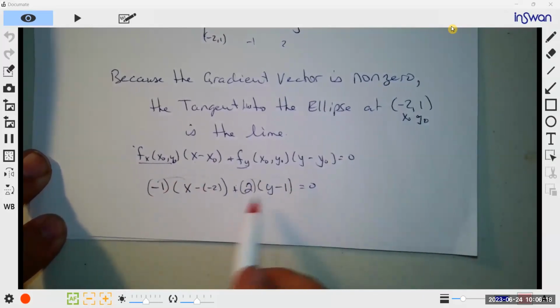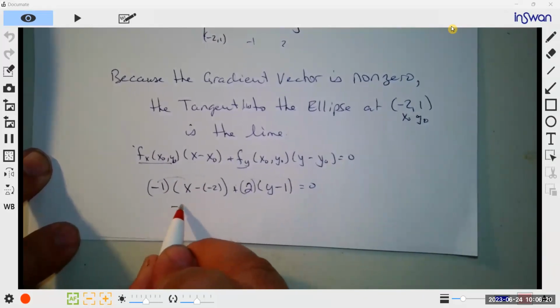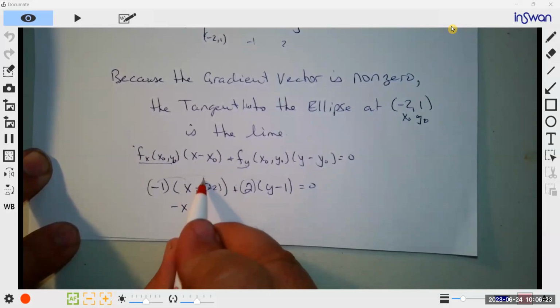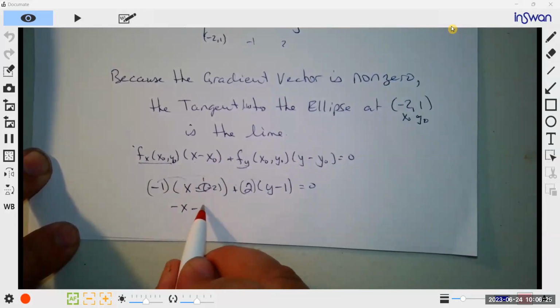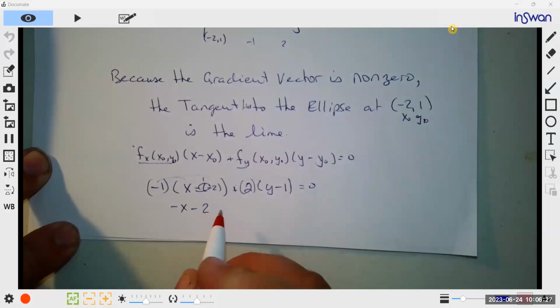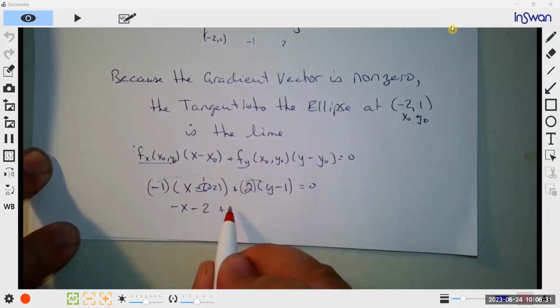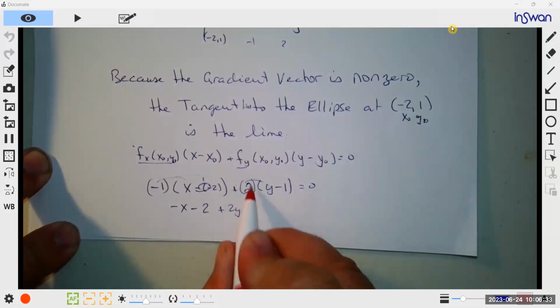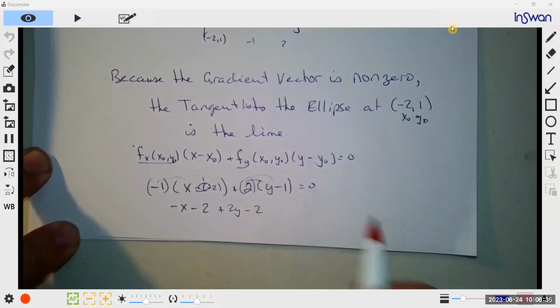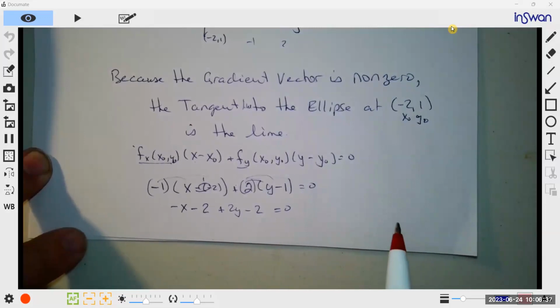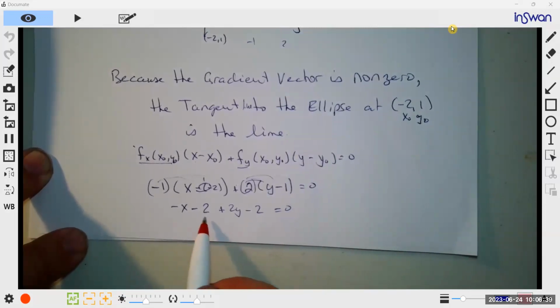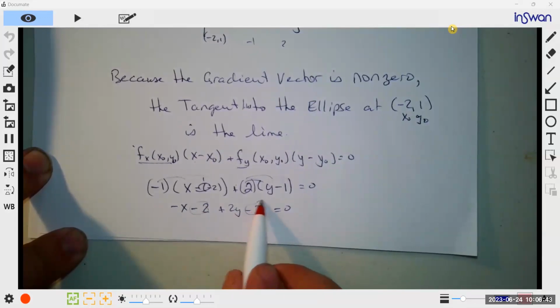Distribute these. We have -x. This becomes a plus, makes it a -2, plus 2y minus 2. Move the non-variables to the other side.